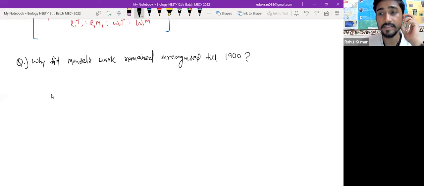Now there are 3 reasons behind it. The first reason was that communication at that time, especially scientific communication, was very, very limited. It was not the age of the internet where any scientist who published something, the next day the world knows about it, anyone can read it.